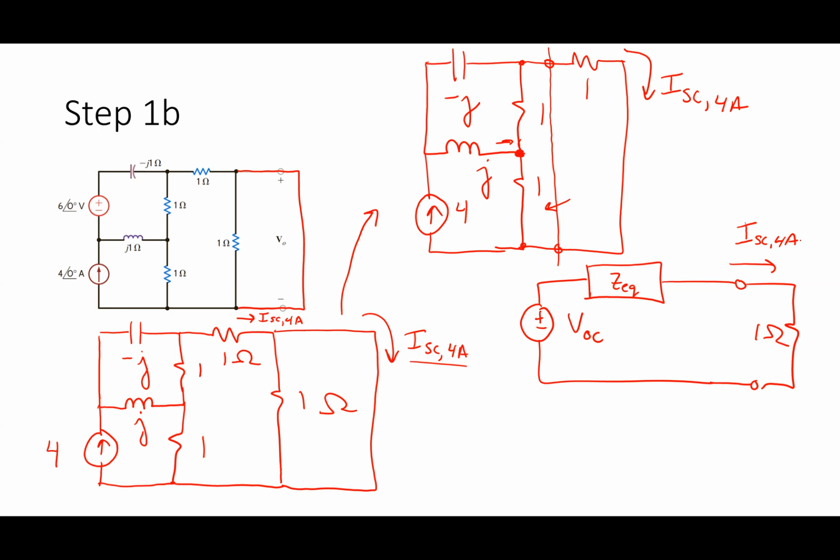simplification. So in other words, at this point, what I'm doing is I have negative J, 1, J, 4 amps, the 1 ohm.